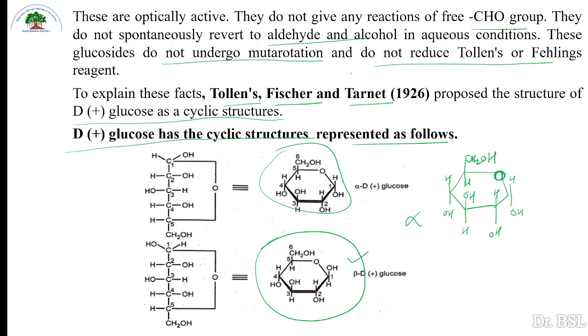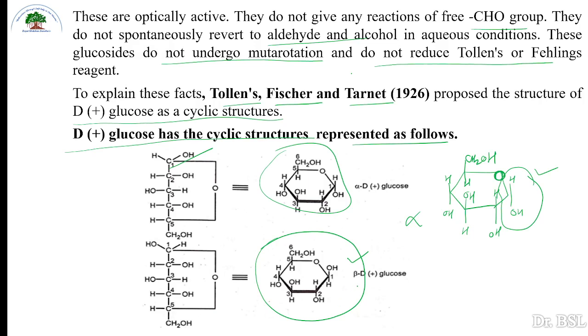What is the difference? The difference is only at this center, where OH is towards the right when we draw the Fischer projection, and it is at the bottom or downward direction when we draw the cyclic structure like this.